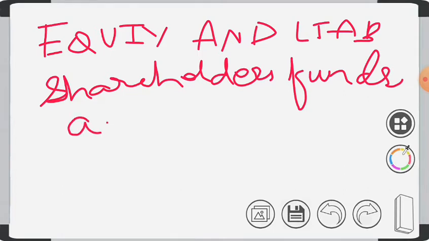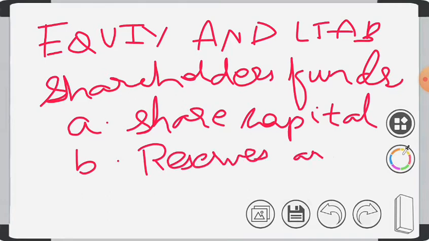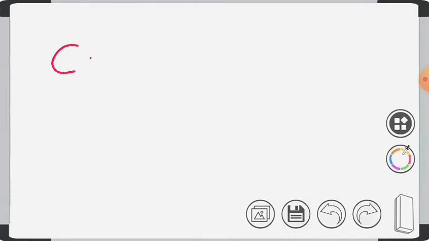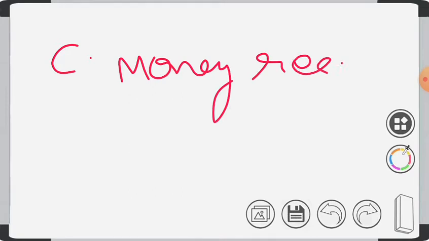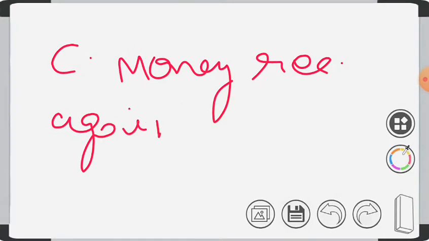and the sub point would be A, share capital, B sub point would be reserves and surplus, and C sub point would be money received against share warrants.